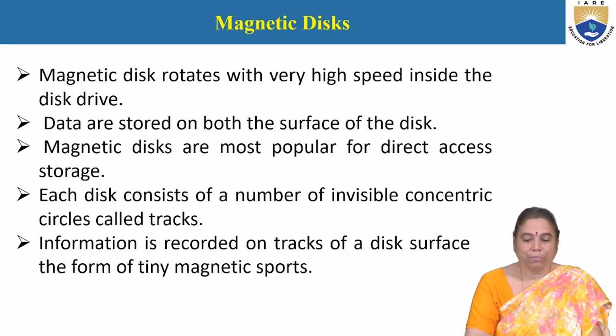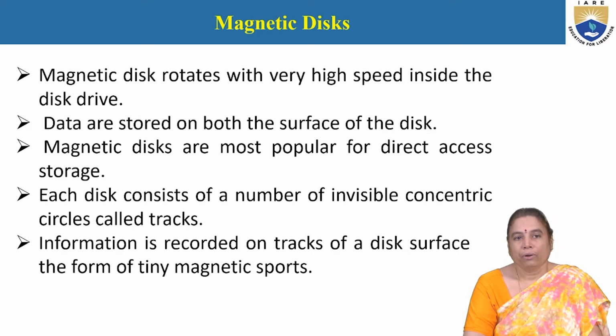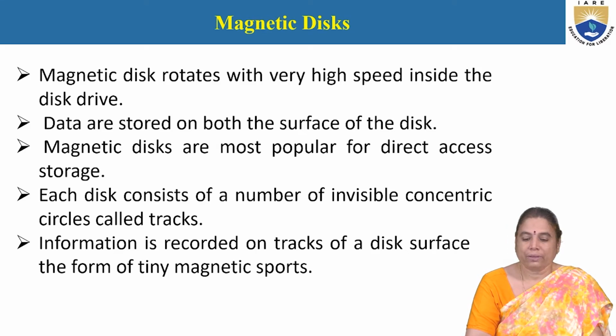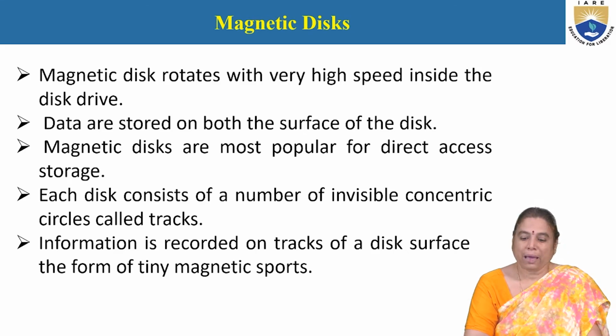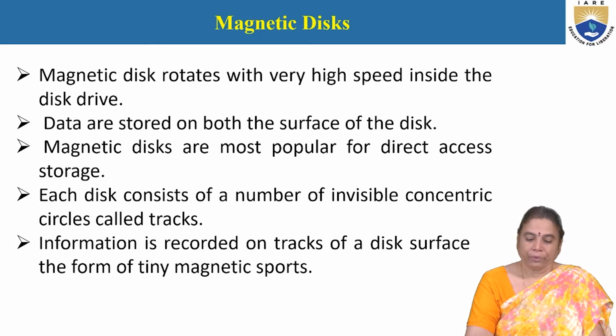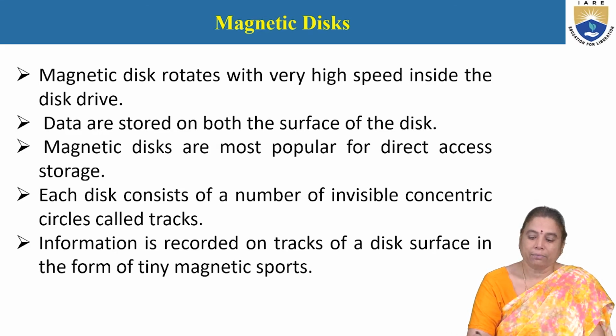Data are stored on both surfaces of the disk, so some magnetic material is used on both sides of the disk. Whenever the read-write head touches the surface of the magnetic disk, it magnetizes and performs the read and write operation. Information is recorded on tracks of the disk surface in the form of tiny magnetic spots.